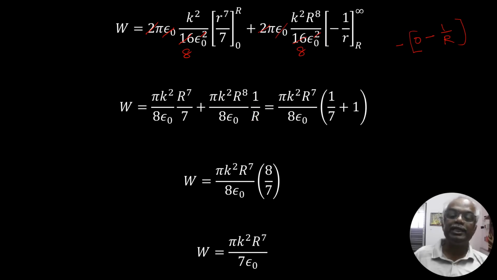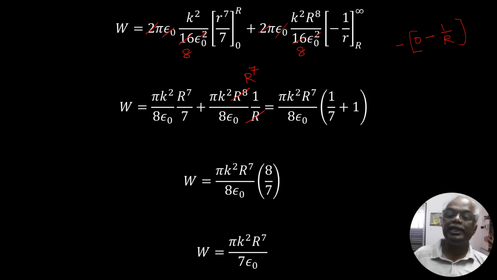Here you can cancel this r with this r power 8, which will become r power 7. So here you can see pi k squared r power 7 over 8 epsilon naught is a constant. I am taking that out. So in the first term you have 1 over 7. In the second term it is simply 1.